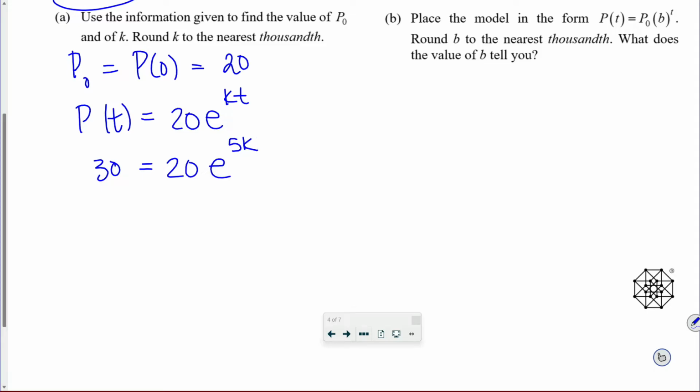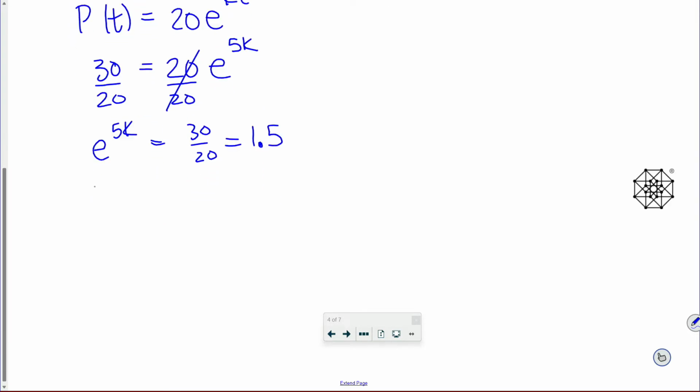Now I have to solve for k. To do that, I'm going to divide both sides by 20. So I'm going to get e to the 5k is equal to 30 divided by 20. And I think for once, in a very long time, I'm going to simplify that to 1.5. Now what I'm going to do is take the natural logarithm of both sides. That makes sense since I have an exponential with a base of e.